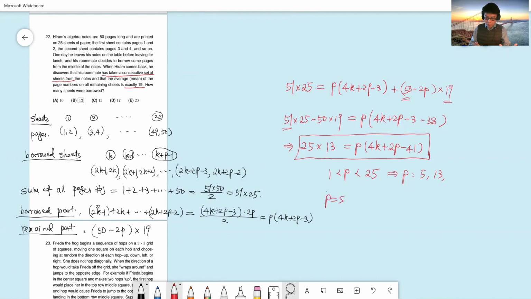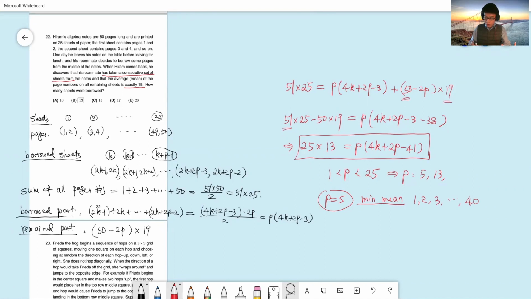P equals 5. If we borrow 5 sheets, we can basically remove the last 5 sheets. That's the minimum mean. If we remove the last 5 sheets, we get a minimum mean. That's 1, 2, 3, up to 40.